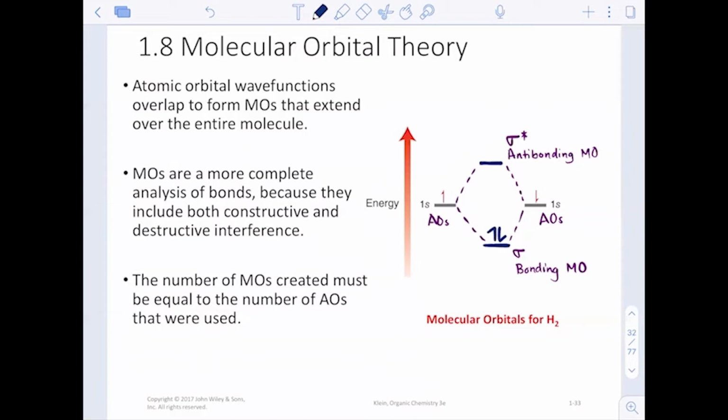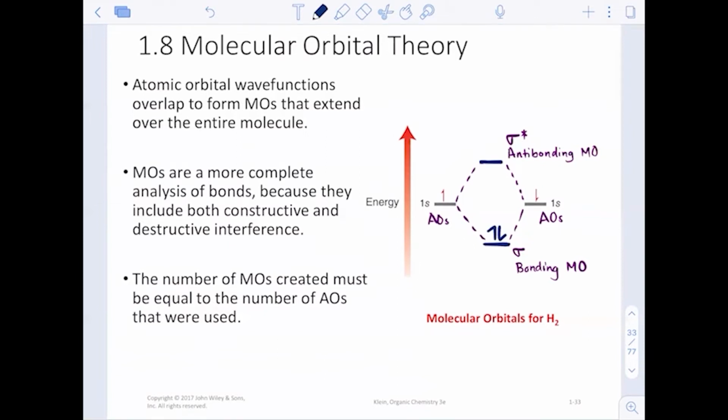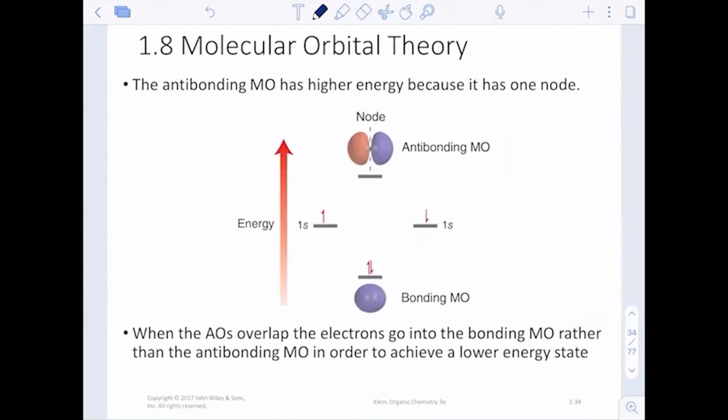Now, when we look at this idea in terms of Venn diagrams, in terms of the constructive versus destructive, looking at the node in that anti-bonding orbital, this is unstable. That was the destructive interference.